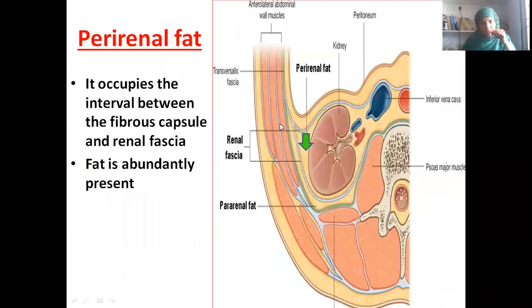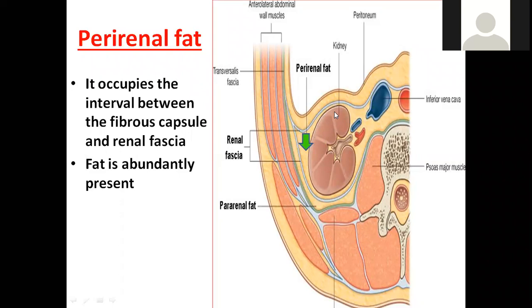Okay, now the second layer after this fibrous capsule, now you are coming to this fat. Green arrow I put for our better understanding. All this fat around the kidney is a cushion. So this is perirenal fat. It occupies the interval between the fibrous capsule and this white line. What is the name of this white line? I told you. Renal fascia. Perirenal fascia. Yeah, renal fascia.